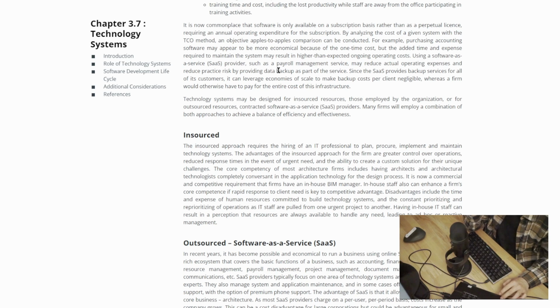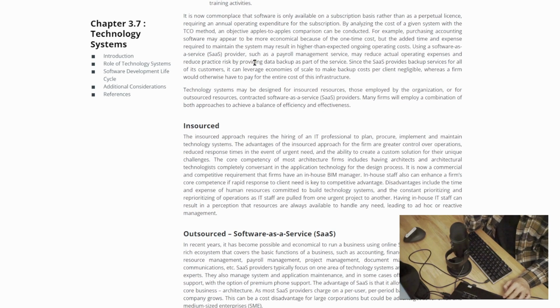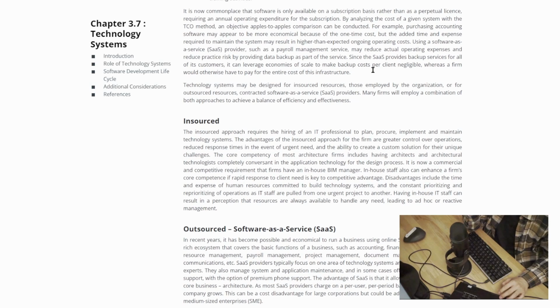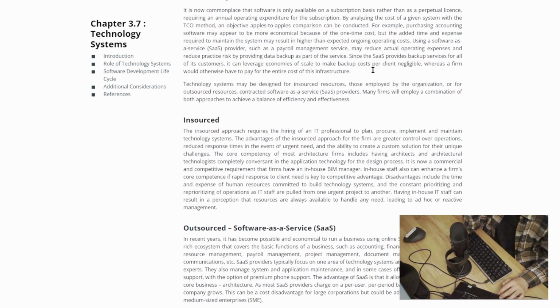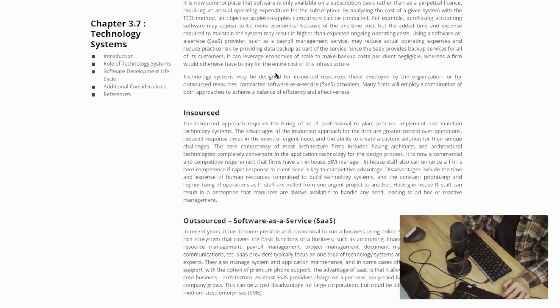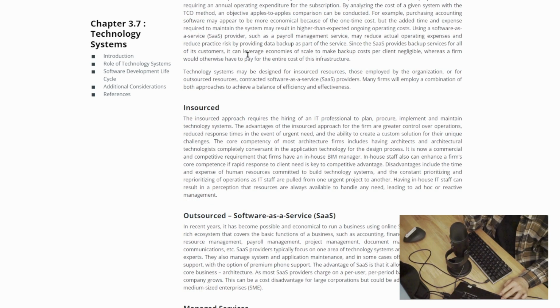Using a software as a service provider, such as a payroll management service, may reduce actual operating expenses and reduce practice risk by providing data backup as part of the service. Since the SaaS provider provides backup services for all of its customers, it can leverage economies of scale to make backup costs per client negligible, whereas a firm would otherwise have to pay for the entire cost of this infrastructure.